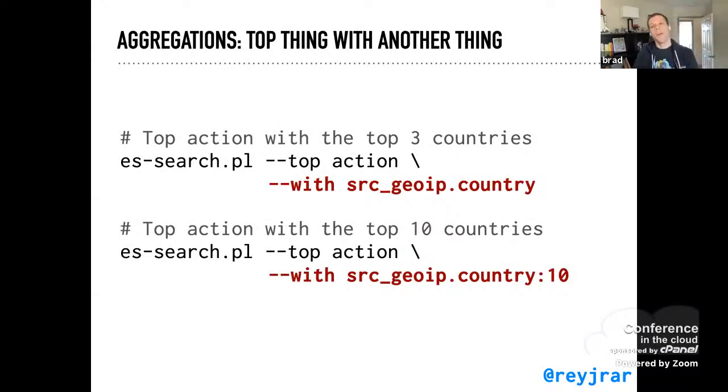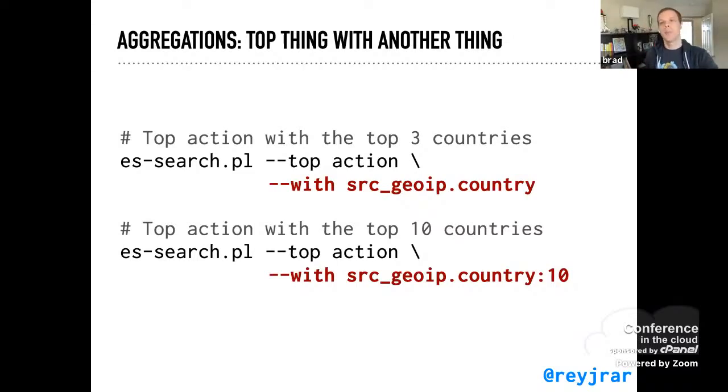We can support other aggregation levels. So if we wanted to get the top action with the top 3 source countries, we can do that. This sub-aggregation is limited to 3 results per set by default, but you can change that by using a colon after the field name to give you a count of the sub-aggregations you'd like to see.